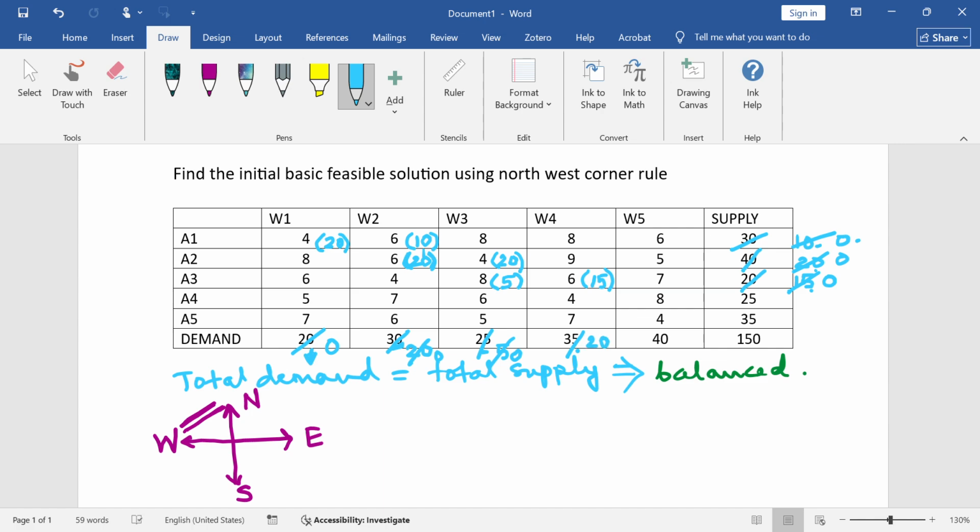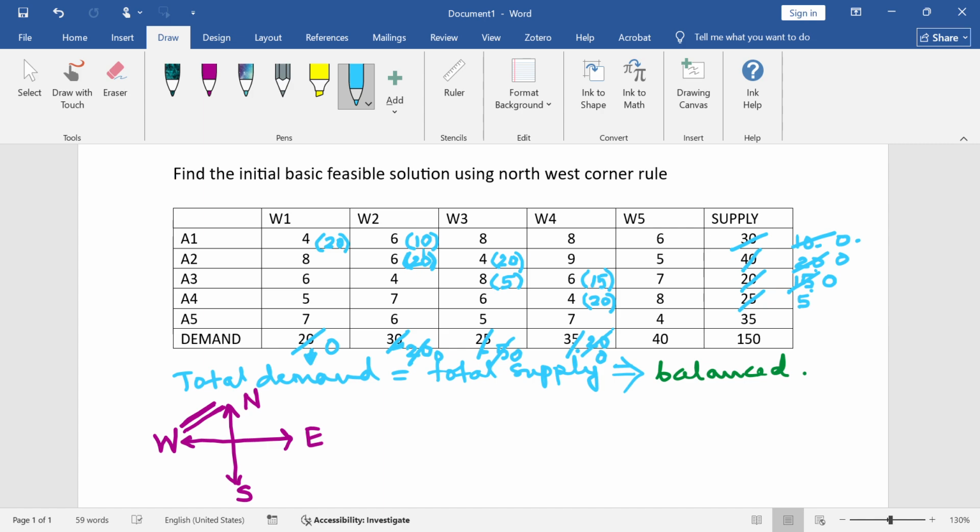Now we see that A1, A2, A3, W1, W2, W3 all are exhausted. So the next option where we can make an allocation is A4, W4. So here we see that we have a demand of 20 and a supply of 25. So since the demand is 20, we give an allocation of 20 and this supply gets reduced to 5 and this particular demand gets exhausted.